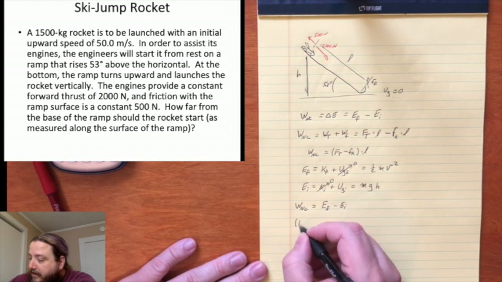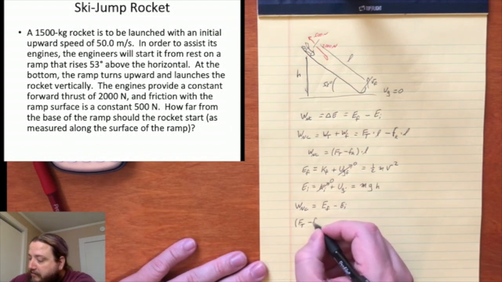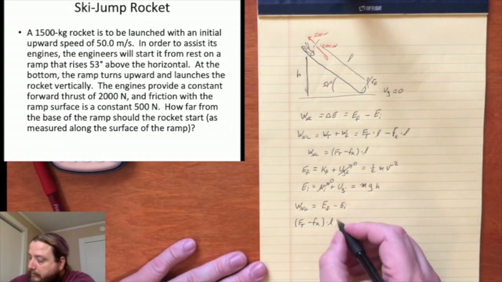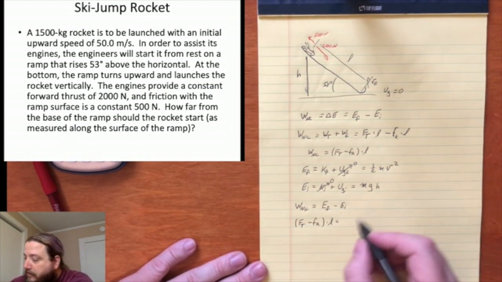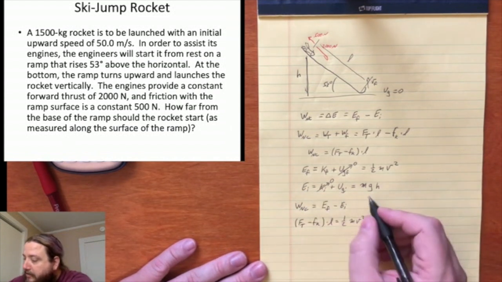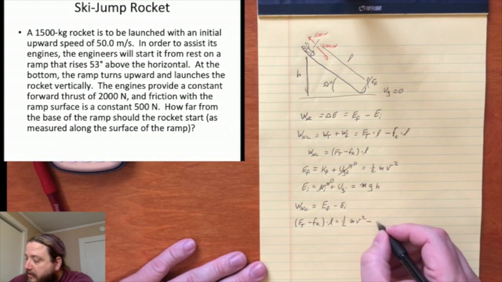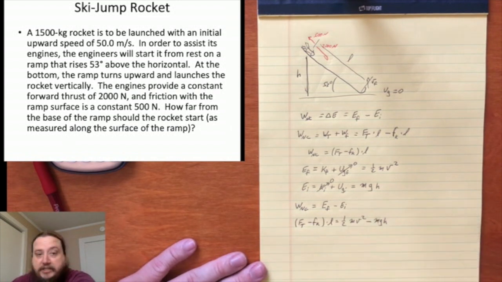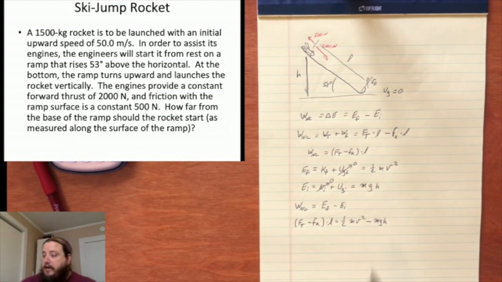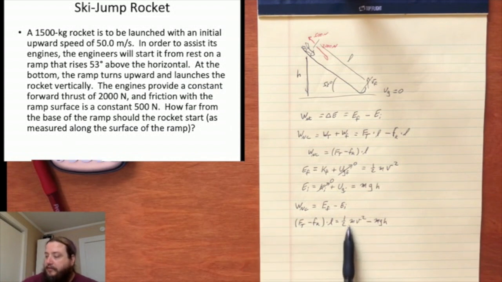So that's Ft minus Fk times our length L is equal to our final kinetic energy, 1/2 mv squared, minus our initial energy, mgh. And so now we have a statement, which is the work energy statement, that the work done by the non-conservative forces will be equal to the change in the energy of our system.